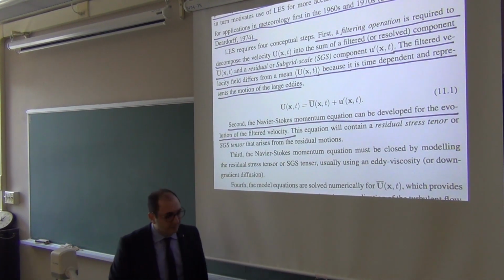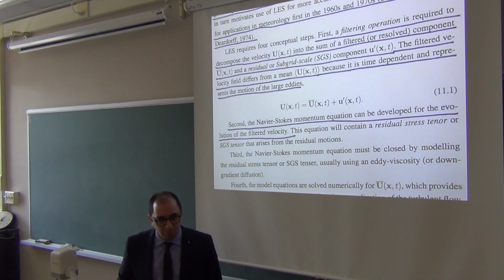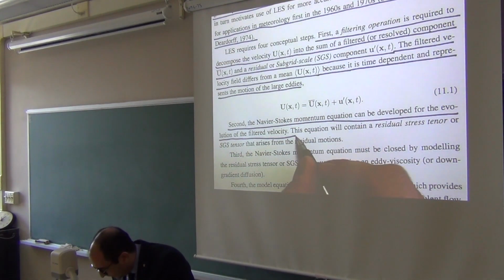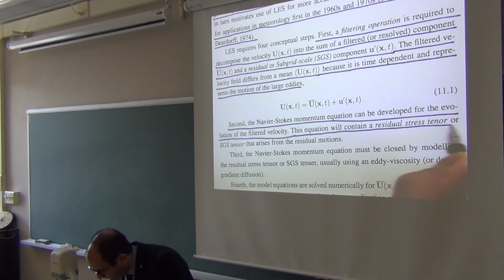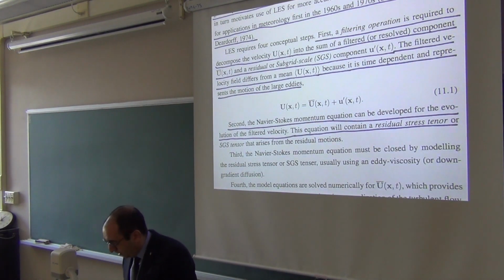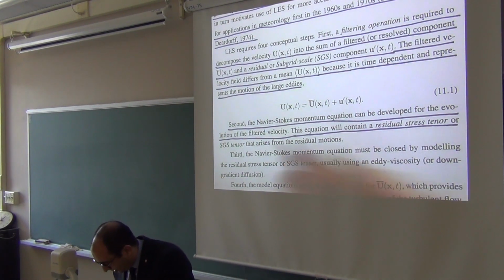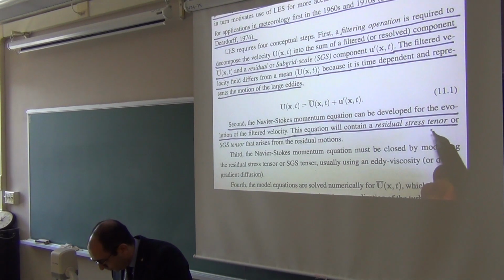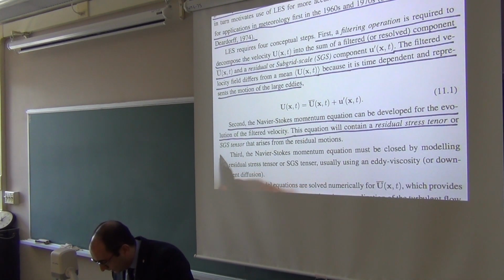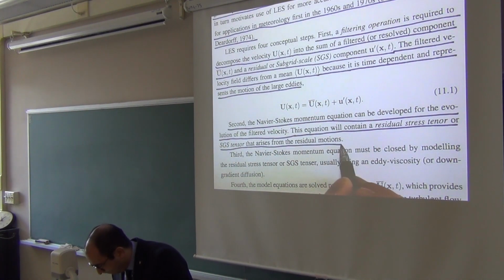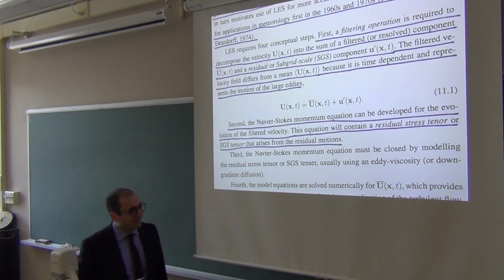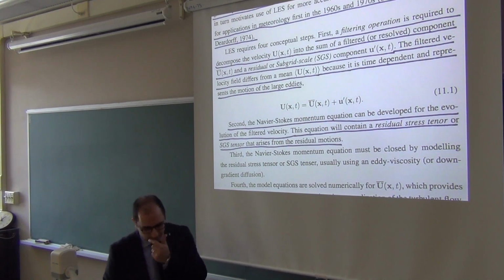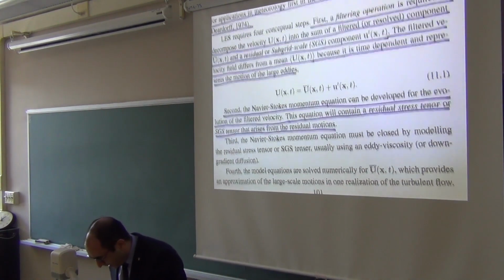Okay, now the equation is the same, physically, but it's now applied to the filtered velocity momentum. This equation will contain residual stress or a subgrid scale tensor, or SGS tensor. And now this is the term that must be closed. I'll show you in the next page in a bit.